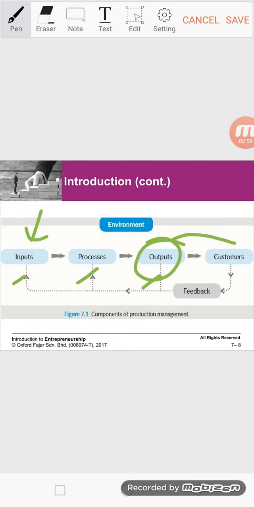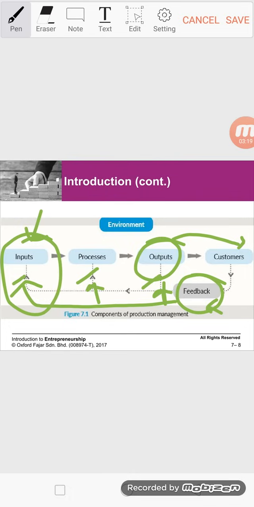Our outputs will go to the customers, that's our target audience, and from the customers we'll get the feedback. This feedback will be used again in any of these steps depending on the feedback. If the feedback concerns our input, it will go back to the input. If it concerns our processes, it will go back to the processes. If it concerns our output, then it will go back to our output.